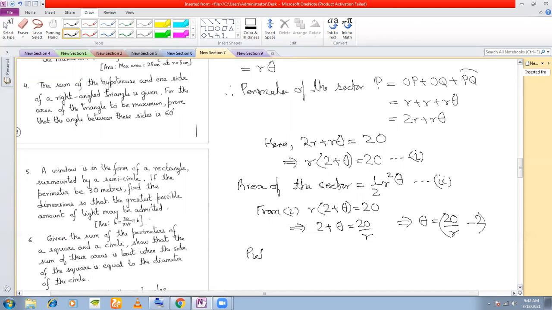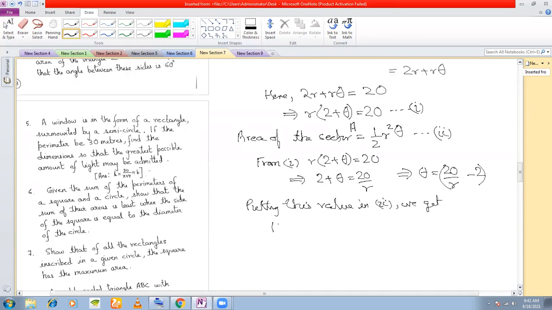Let's call the area of the sector A. Putting this value in 2, we get A is equal to half R square theta, that is, half R square and the value of theta you put 20 by R minus 2.